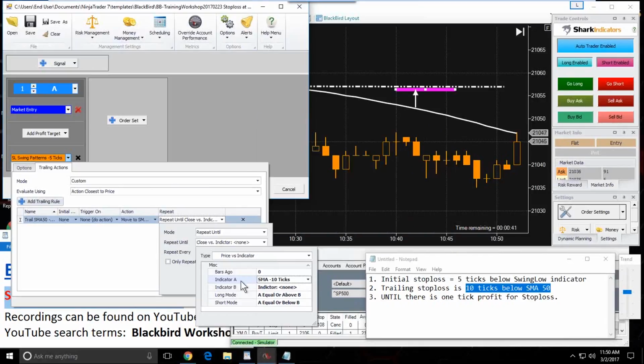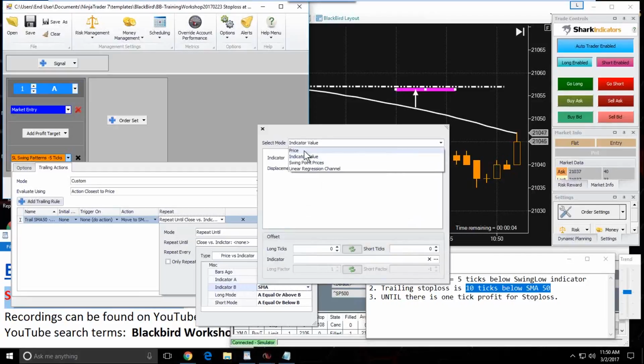So indicator A, or input A, is going to be our SMA with that 10 tick offset, and indicator B is going to be our entry price, because we're comparing our stop loss to the entry price to know when we get one tick in profit from the entry price.